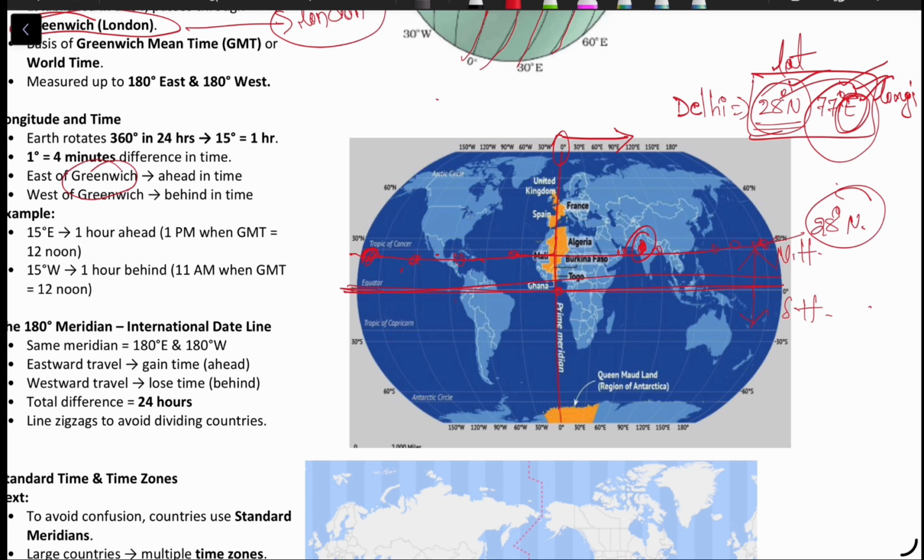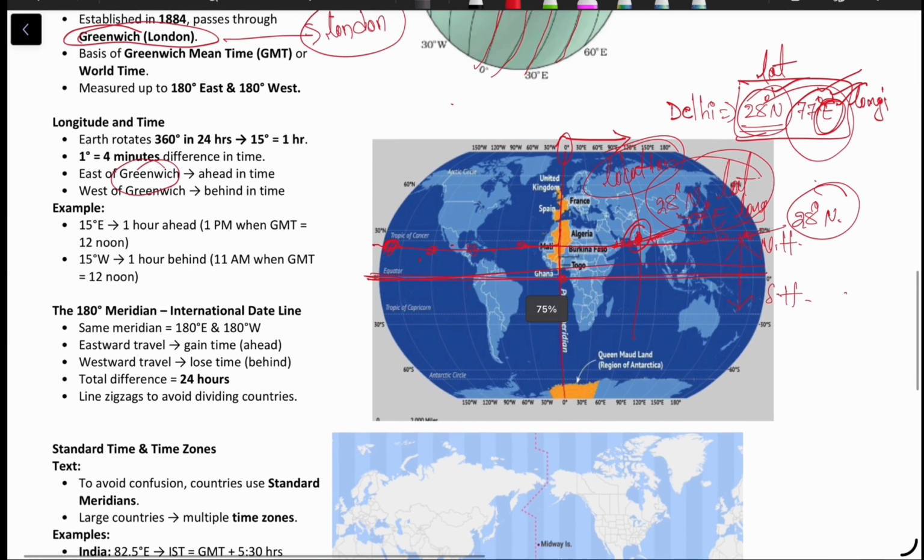The point where the 28 degrees north latitude and the 77 degrees east longitude intersect is the exact location of New Delhi, right? So this is how latitudes and longitudes are helpful in understanding the location of a specific place.